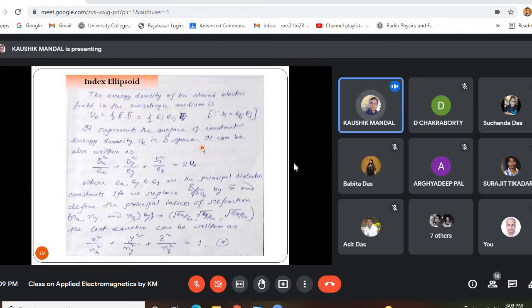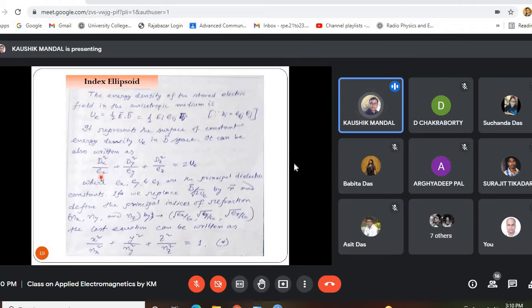Now we will convert this equation in terms of D. From this equation, E equals D by epsilon, so using D by epsilon we can write the equation in this form.